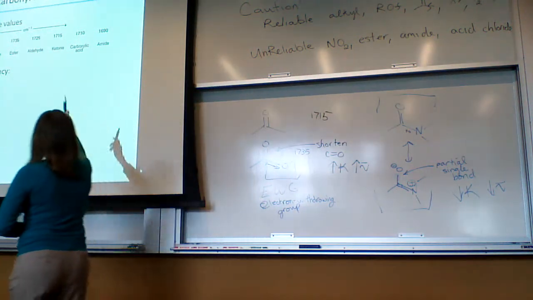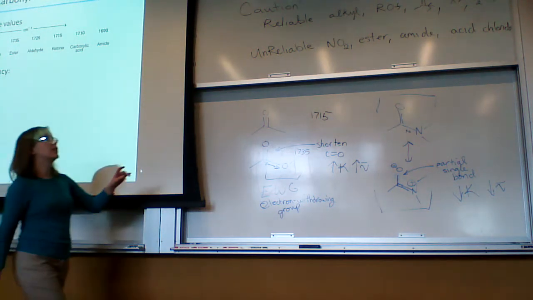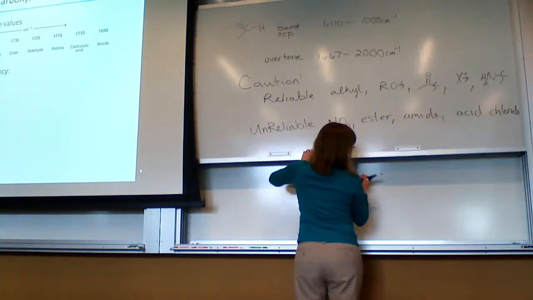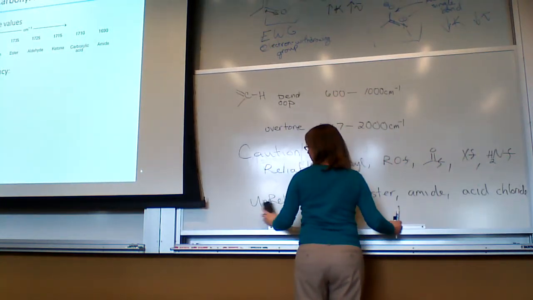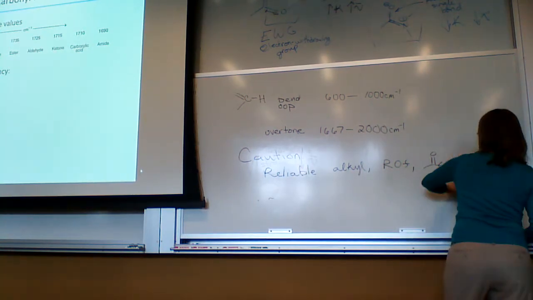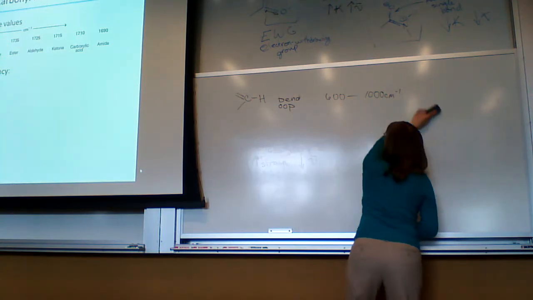And the carboxylic acid is also shifted down because of hydrogen bonding. So remember I told you that hydrogen bonding caused the oxygen-hydrogen bond to shift down. Now we're looking at the carbonyl of the acid, and it is also shifted down due to hydrogen bonding.